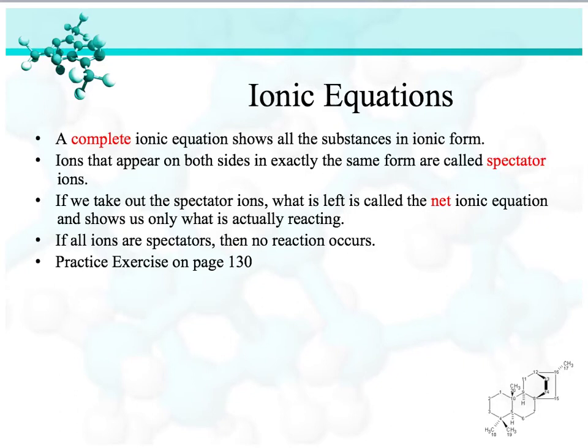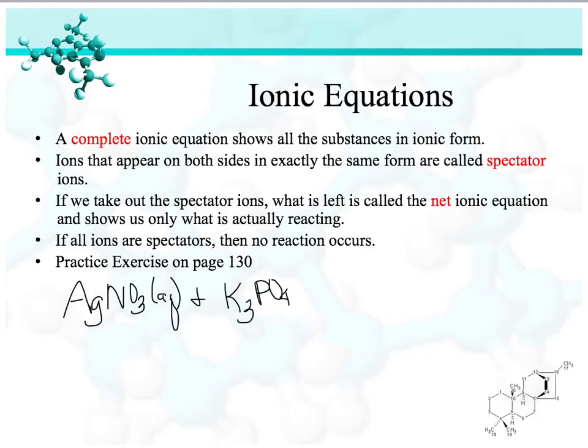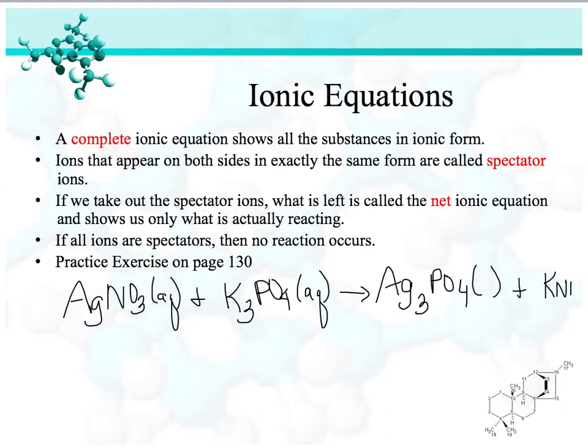Okay, we're back. So silver nitrate plus potassium phosphate yields silver phosphate plus potassium nitrate.